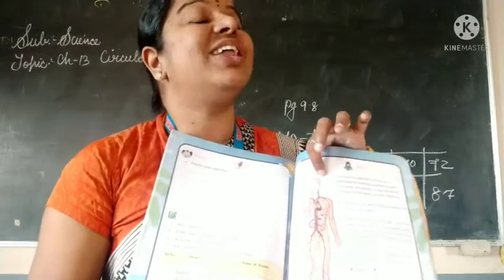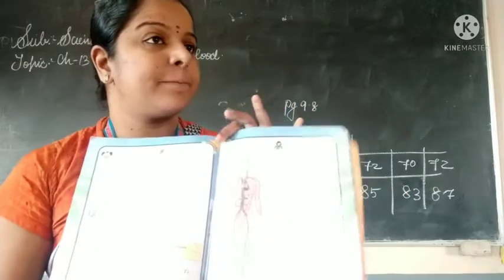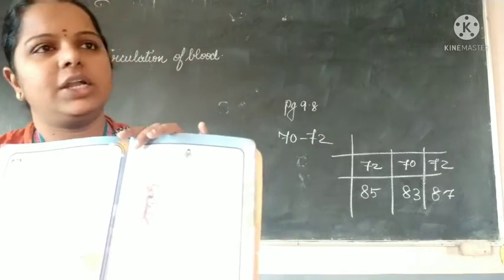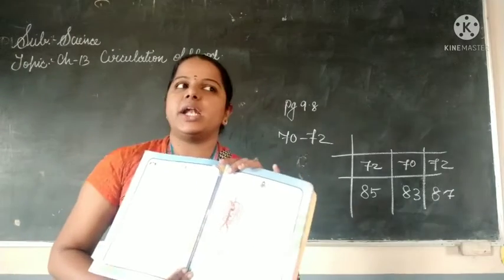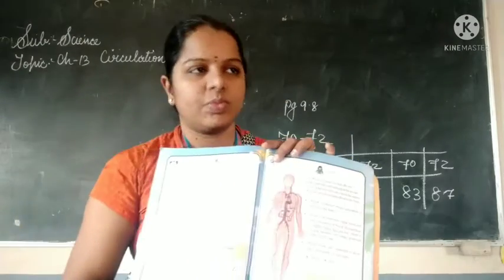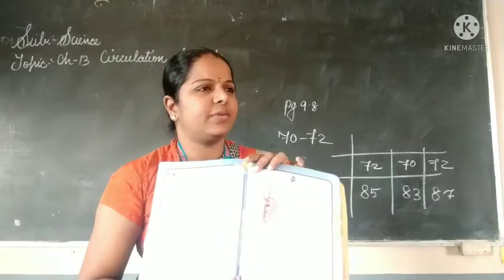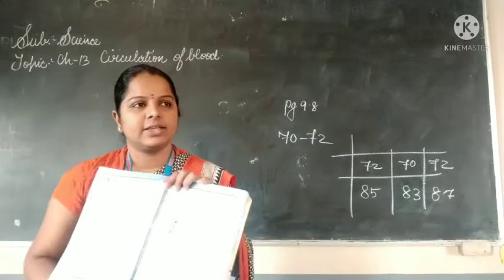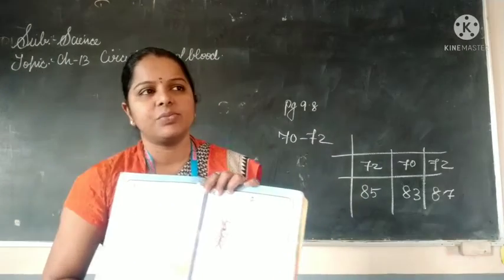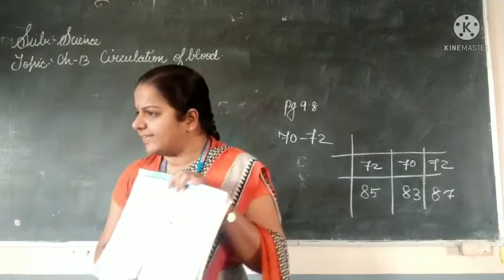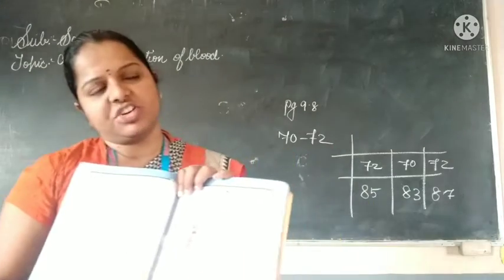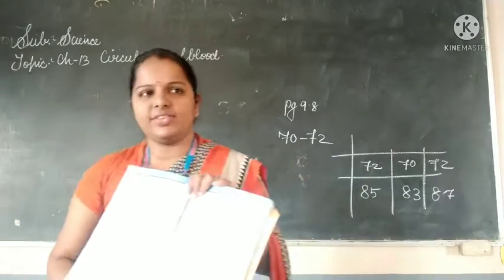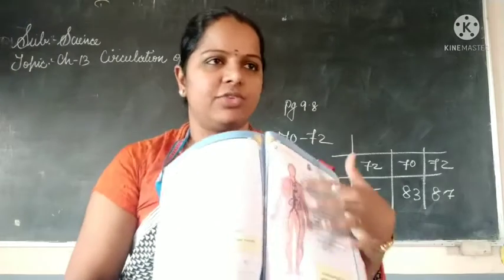That blue color is vein, which carries deoxygenated blood, and arteries carry oxygenated blood. What do you mean by oxygenated blood? They contain oxygen. What is meant by deoxygenated blood? They contain carbon dioxide. Understood? So this is the figure of how the blood flows.